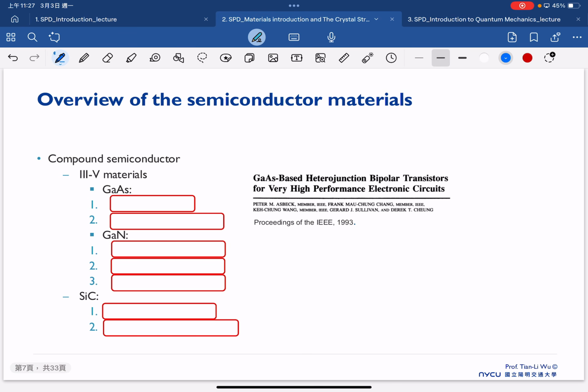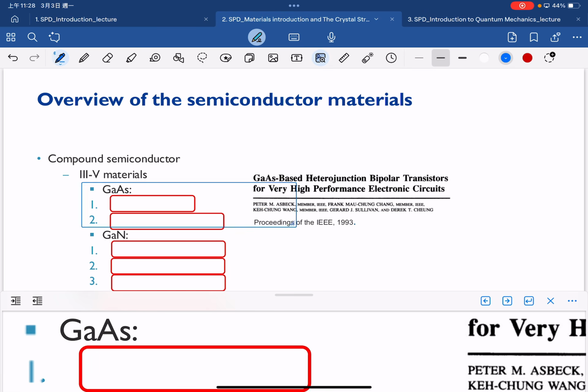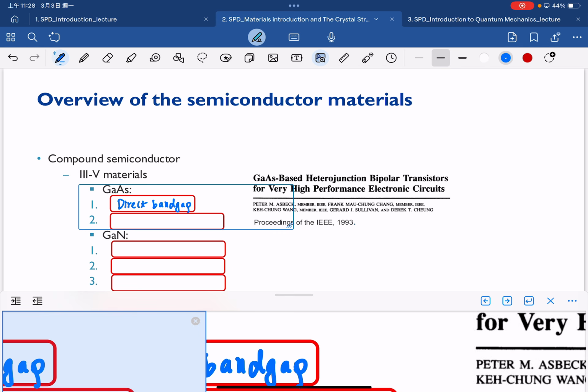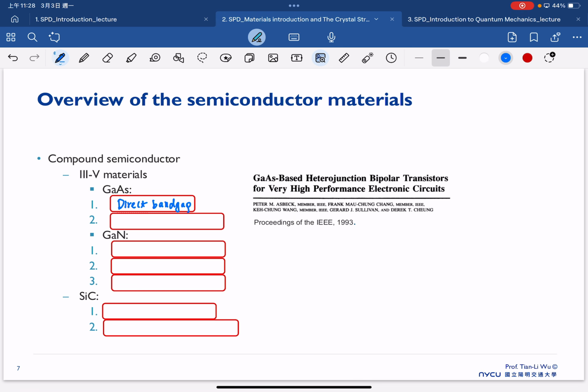And in terms of compound semiconductors, there are some very unique properties. For example, the first III-V material that we consider is gallium arsenide. Gallium arsenide is a direct bandgap material. And also, gallium arsenide is considered to have a high electron mobility.